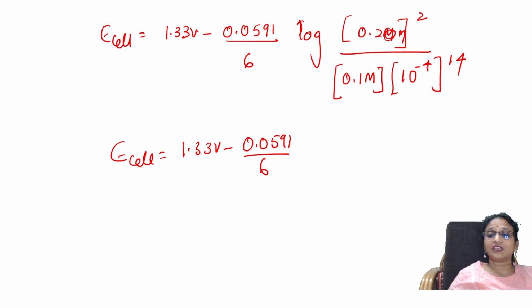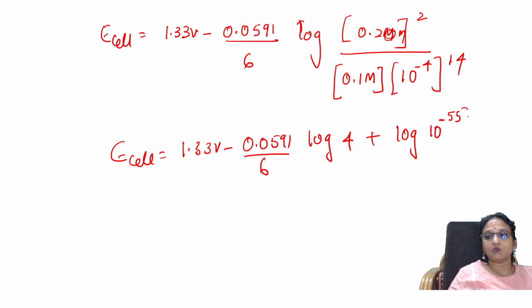So multiply 14 fours. After that, make this under base 10. This becomes log 4 in the numerator, plus when you simplify, log 10 raised to the power of minus 55.